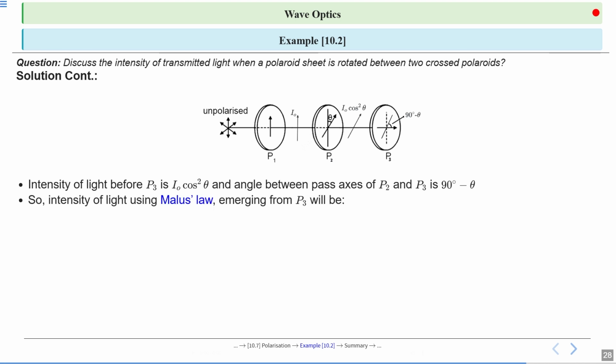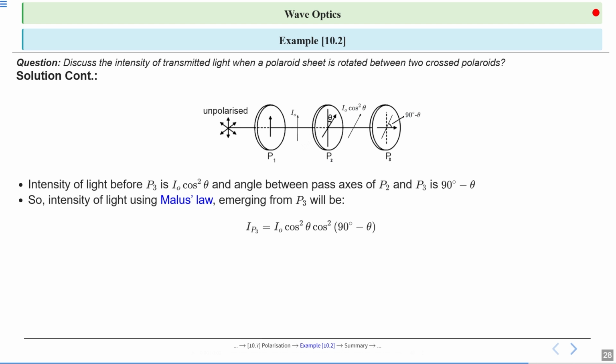Now the intensity of light that emerges through P3, according to Malus law: I P3 will be equal to I naught cos square theta, that is the light incident on P3, and again cos square of the angle between the transmission axes of P2 and P3, that is 90 minus theta.